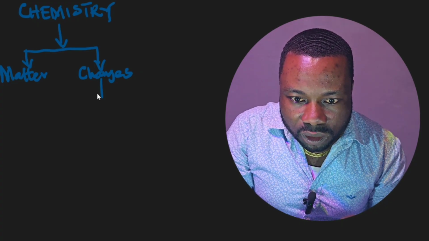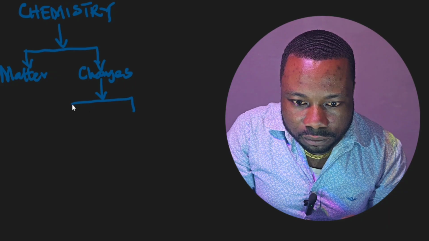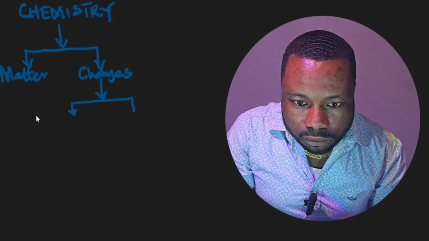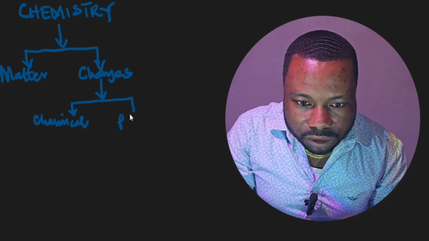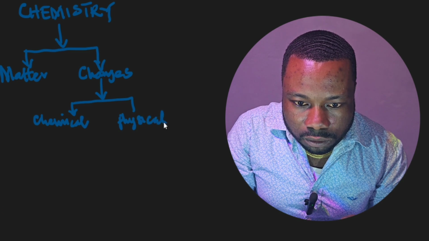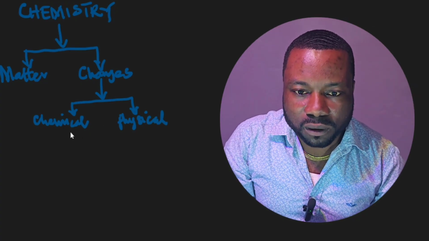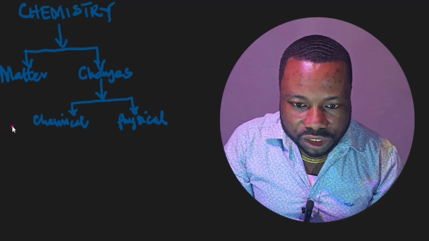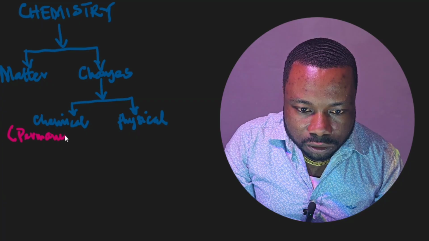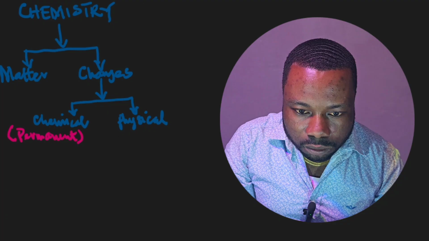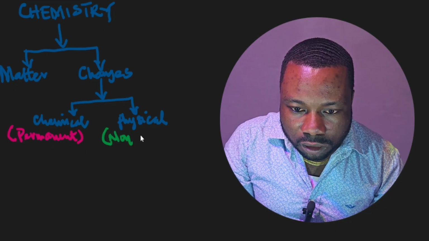Now, the changes which can occur in matter are either chemical changes or physical changes. Another name for chemical changes is a permanent change, while for physical change, it is a non-permanent change.